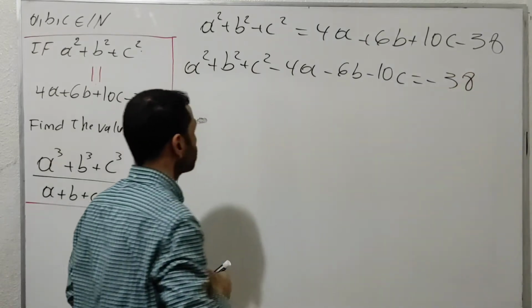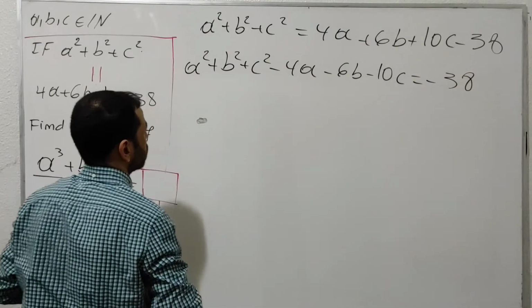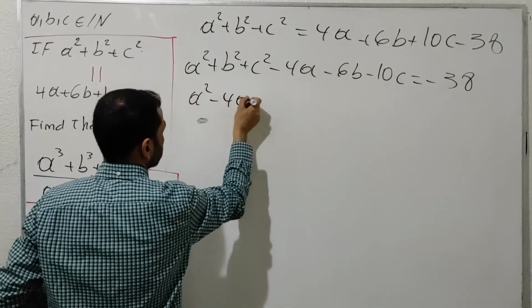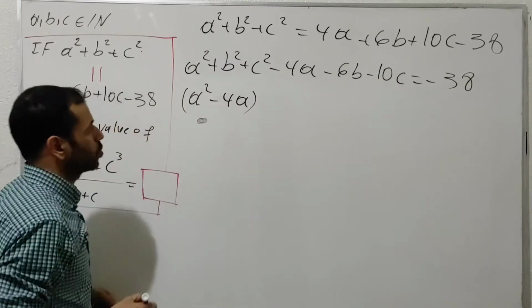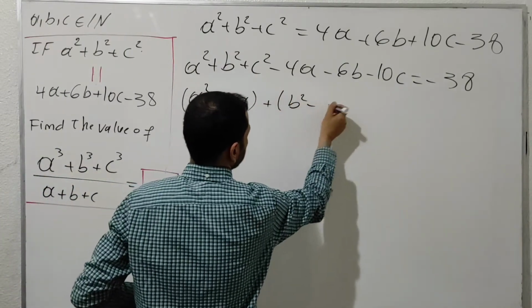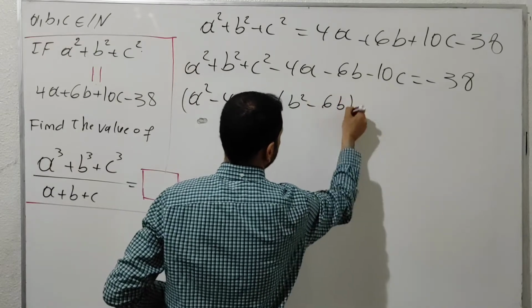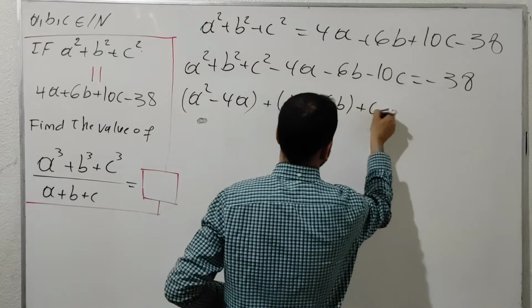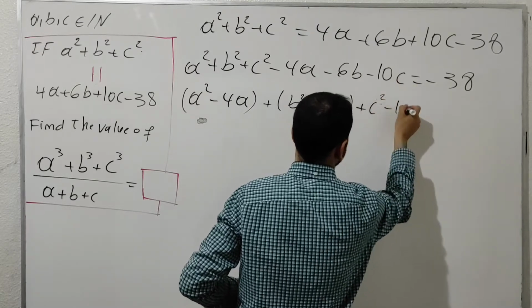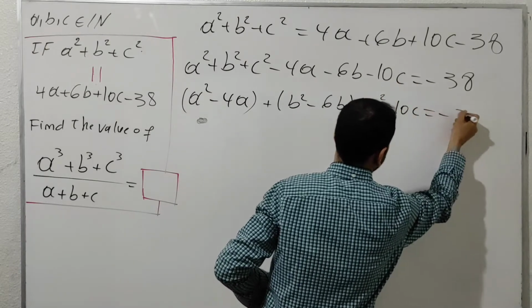I'm going to rearrange and group these variables. I will have a squared minus 4a, put together, then b squared minus 6b together as well, and for the other one, c squared minus 10c equals minus 38.